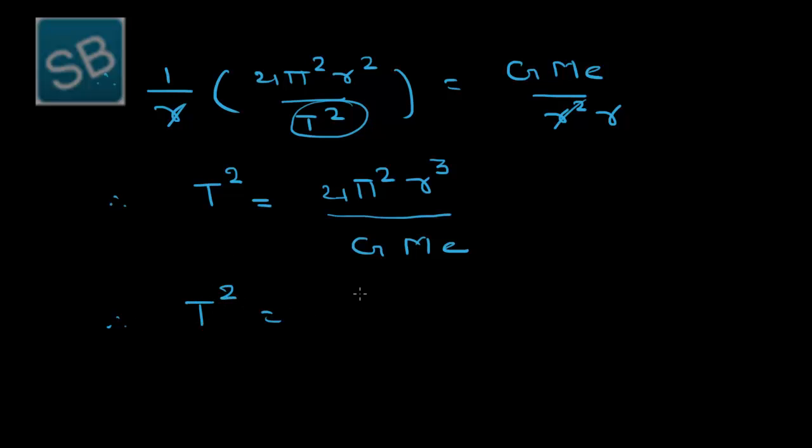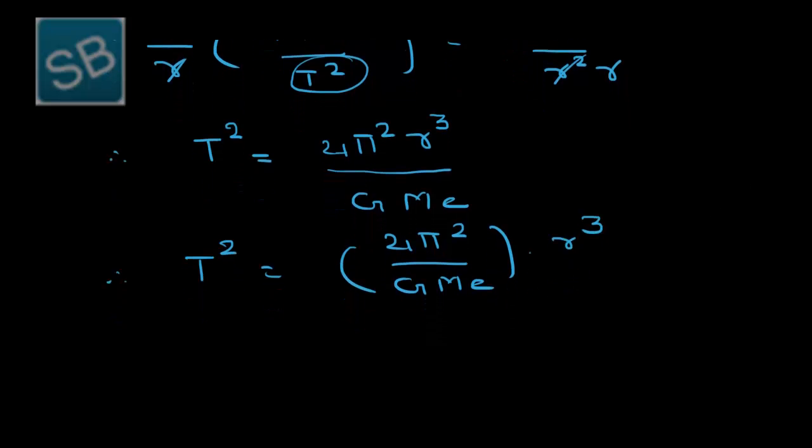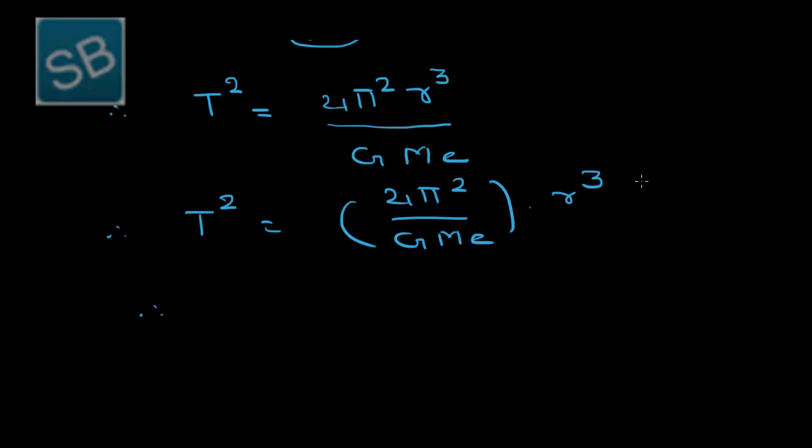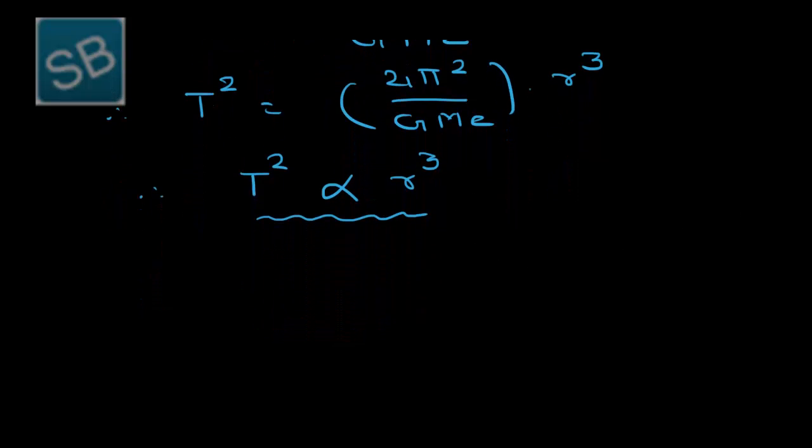Therefore, the constant terms I am putting into the bracket, so it is 4 pi square divided by G into Me, into r cube, and therefore I can write down this particular equation in terms of proportionality as T square proportional to r cube. So this equation refers to Kepler's third law of orbital motion, and using this statement I can write down Kepler's third law of motion, which is now related to the orbital motion of satellite.